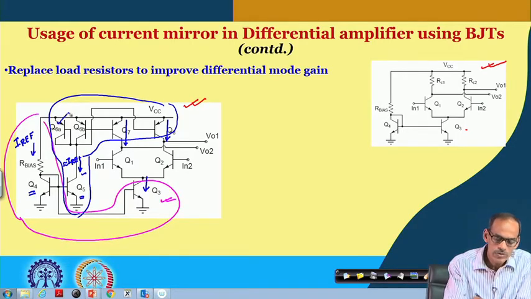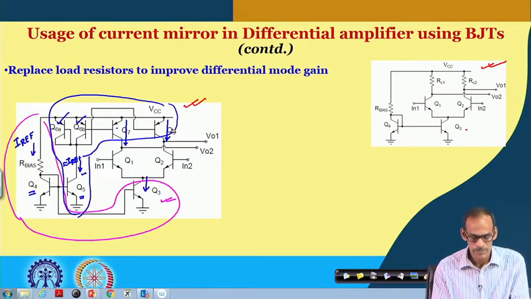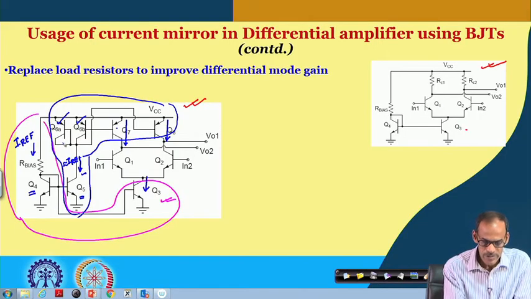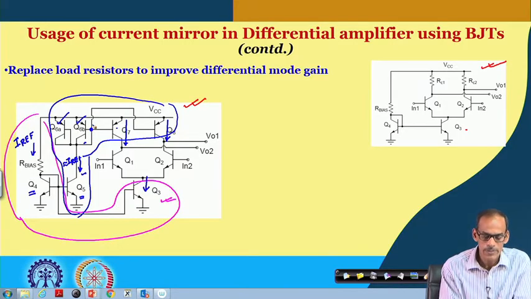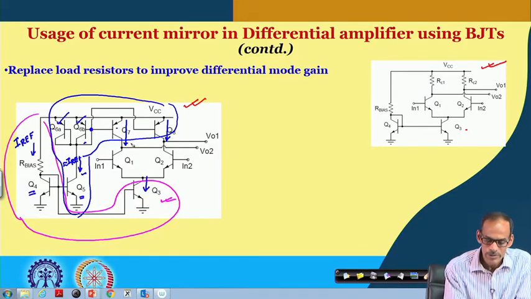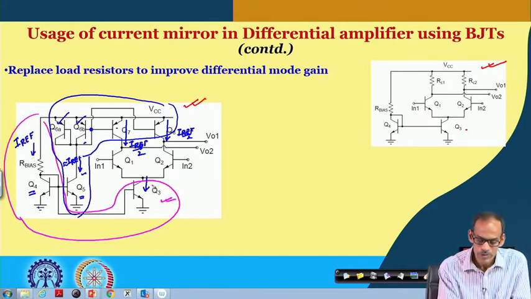And then we have two identical transistors, 7 and 8, which are mirroring, and since we have two diode connected transistors, the current here is I reference by 2, same thing here also, I reference by 2, and on the other side at the tail we have this current, which is I reference.